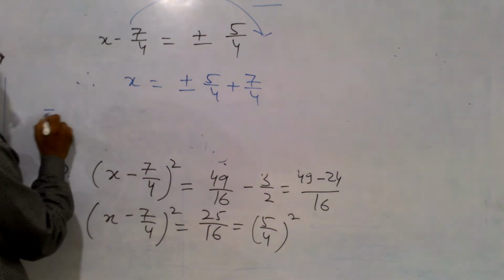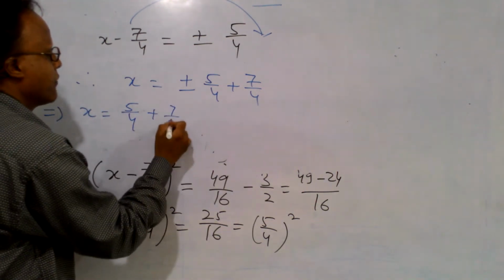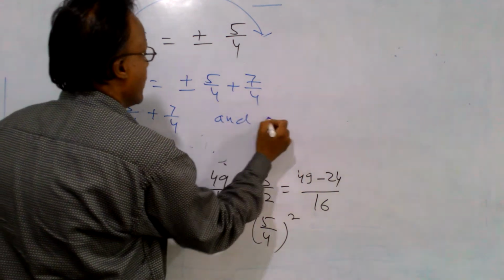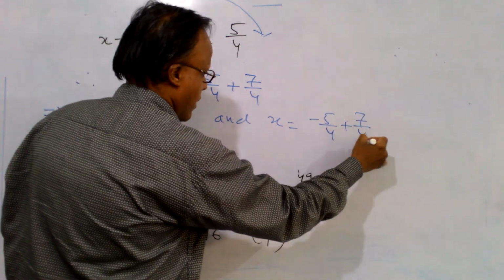So we can say this implies x is equal to 5 by 4 plus 7 by 4, or also x equal to minus 5 by 4 plus 7 by 4.